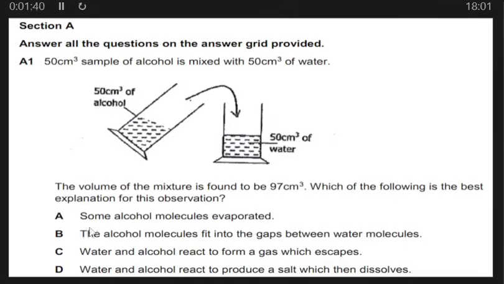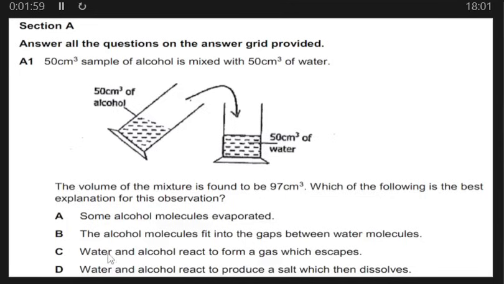So A, some alcohol molecules evaporated. B, the alcohol molecules fit into the gaps between water molecules. C, water and alcohol react to form a gas which escapes. Then D, water and alcohol react to produce a salt which then dissolves.